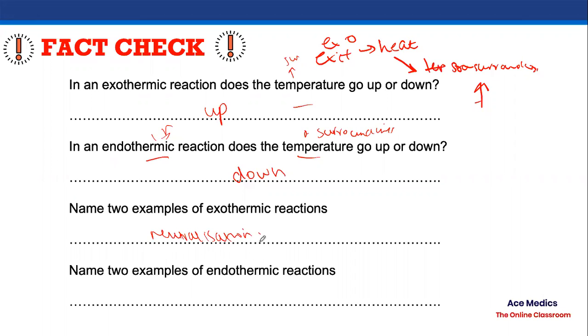Endothermic reactions, what are two examples of endothermic reactions then? Photosynthesis, excellent. And what's the other one? Thermal decomposition, excellent, good. Yeah, so hopefully you guys understand that. If you have any questions, just put it into the chat.